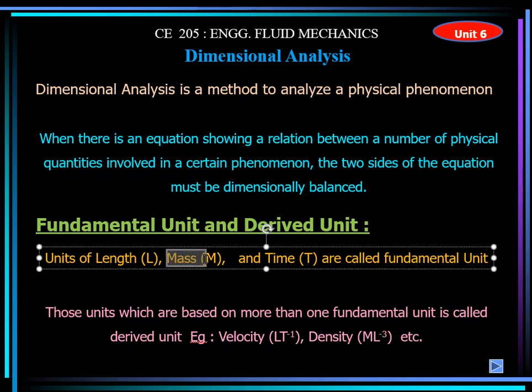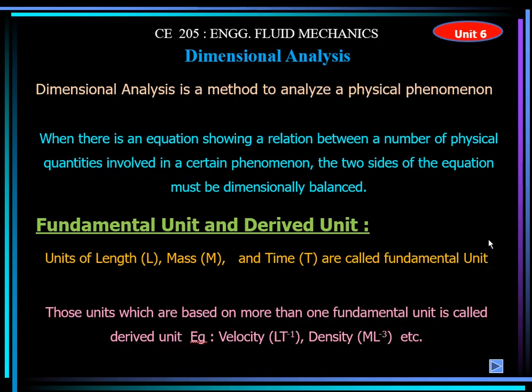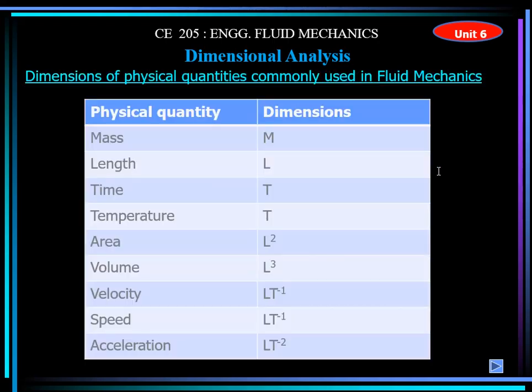The dimension mass is there, and the volume is actually length cube, so again the length is here. So this is the dimension of density, and this is the dimension of velocity. Like that, we can have all the dimensions of various physical quantities in terms of length, mass, and time. This will be helpful for us to understand any physical phenomenon.